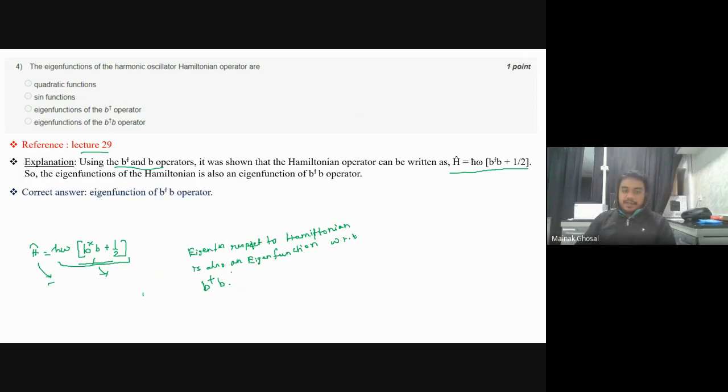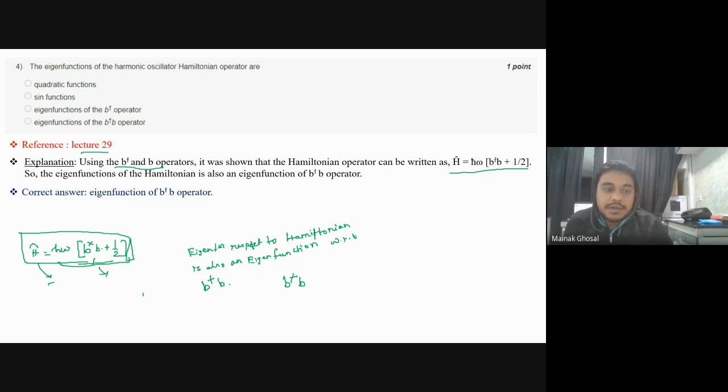The answer will be the eigenfunction of the B dagger B operator, but it will not be the eigenfunction of only the B dagger operator. Okay, it was shown that if you calculate this B dagger and B, you can write your Hamiltonian as h cross omega into B dagger B plus half.